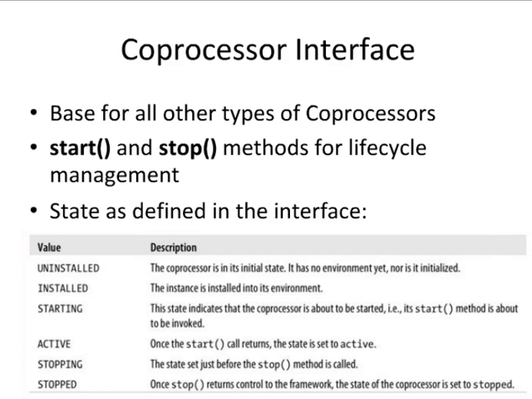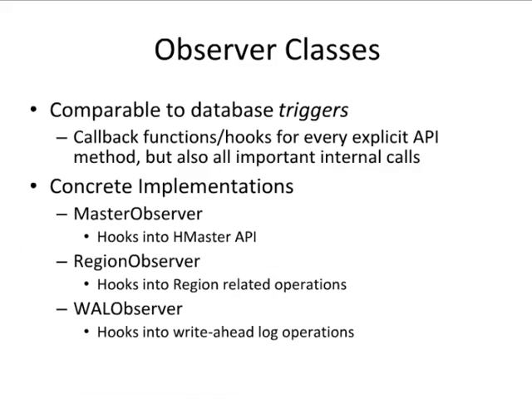When you do a get or whatever it is, you have a way to hook into the call, and you can decide what's going on during that call. So that's how you can look at that.